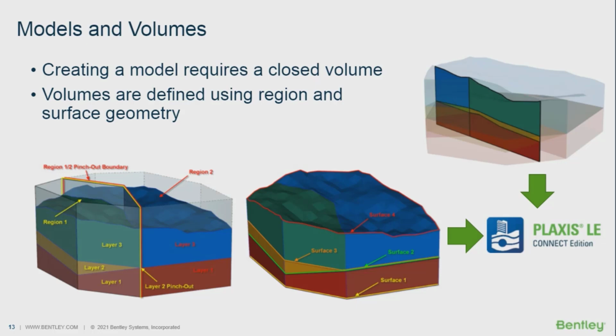The closed volume is used to not only represent what we would intend in terms of separating materials and what materials would be located in what areas, but also, with the closed volume, we can slice the model at a certain position. We can take the full model or just a region of the model and open in PLAXIS LE.